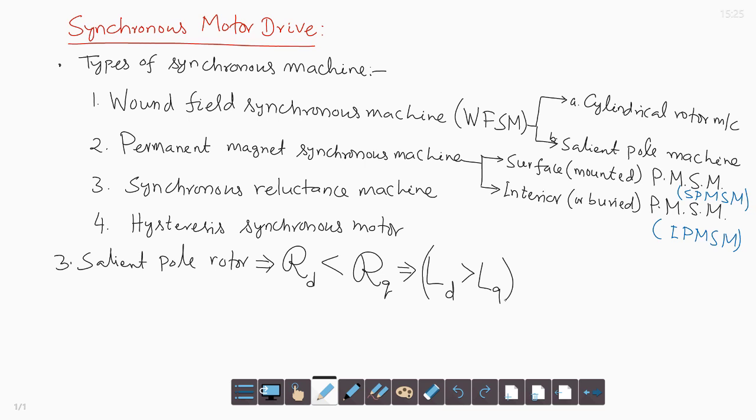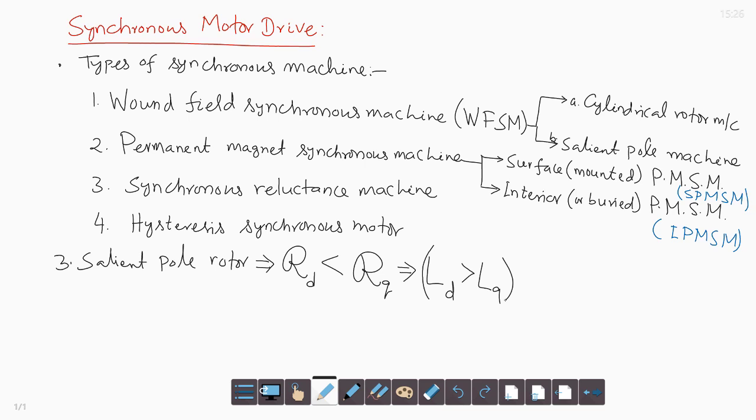When the stator MMF is rotating at synchronous speed, and the rotor of the synchronous reluctance machine has no winding, no DC supply, only variable reluctance, the direct axis, the pole axis, aligns along the rotating stator MMF and gets locked and rotates in synchronism with the stator MMF.